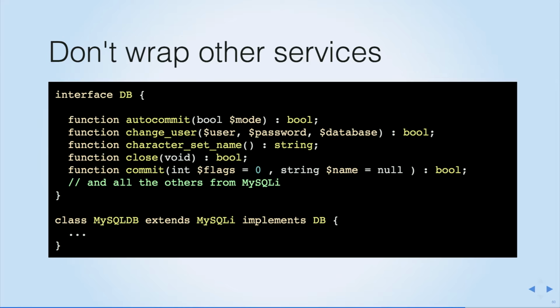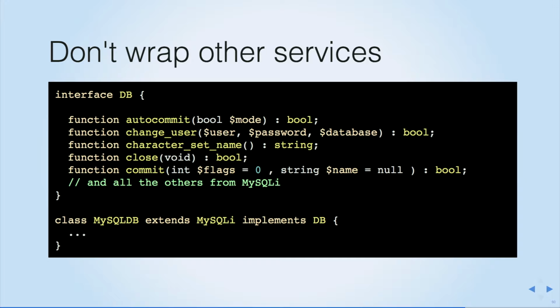And the next piece of advice is don't wrap other services. I think this is something most people do, when they start learning about interfaces, it's one of the first things people do. They think, right, I'm going to need to mock my database. What I'll do is create my own interface that has all the methods that will be available through the MySQL class.